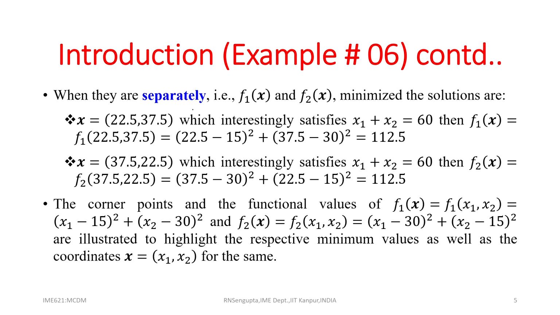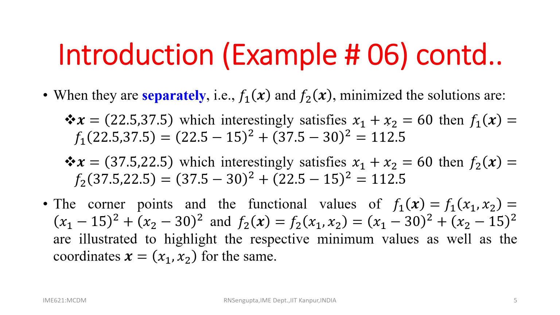If I separately minimize at the point x, which is 22.5 for x1 and 37.5 for x2, it will interestingly satisfy the line x1 plus x2 equal to 60, where the constraint was greater than or equal to 60. So, it just touches that line, which is the corner point of that feasible region.